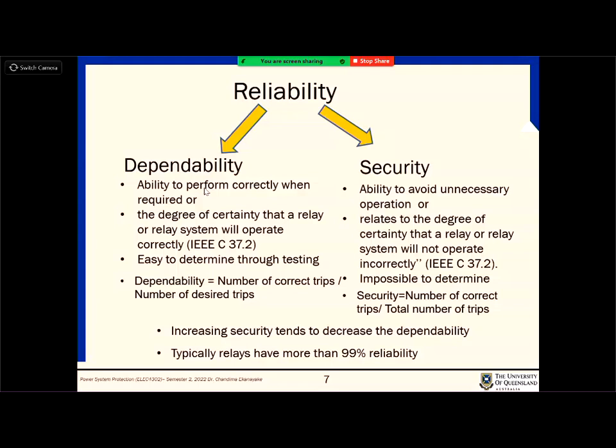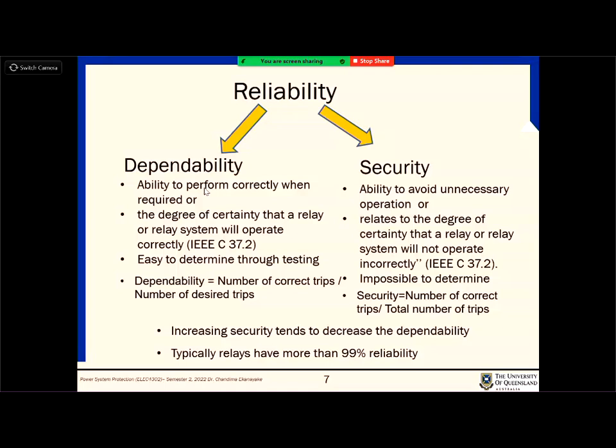Remember that dependability is that it trips only when it is expected to trip. But there are situations where it trips when it is not expected to trip, so we want to reduce those situations. It's the degree of certainty that the relay or relay system will operate correctly.